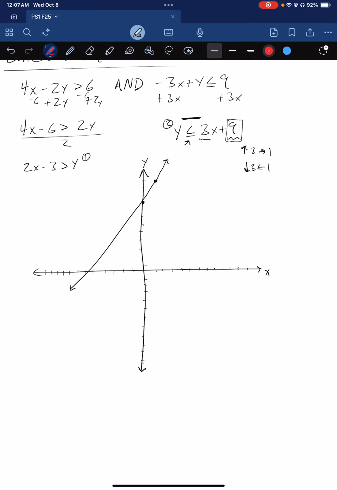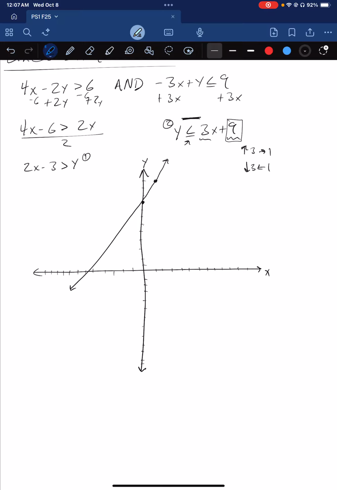Okay. There's a few ways you can do this. And by few, I mean 2. You can use a test point, which is a good way of doing this. And so that's what we're going to do.